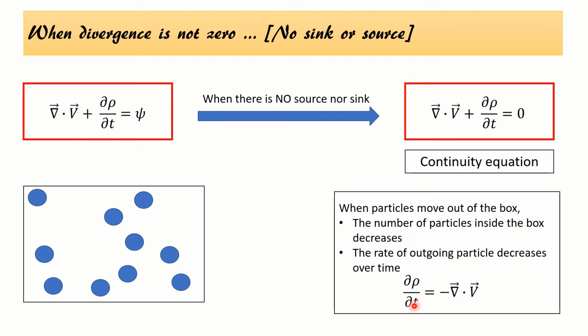So it means the density is going to decrease over time, right? So basically this is the idea of the continuity equation. So you have the continuity equation when you do not have any sink or source. This continuity equation is basically a more specific case, whereas the expression with the sink and the source is a more general equation as compared to the continuity equation.